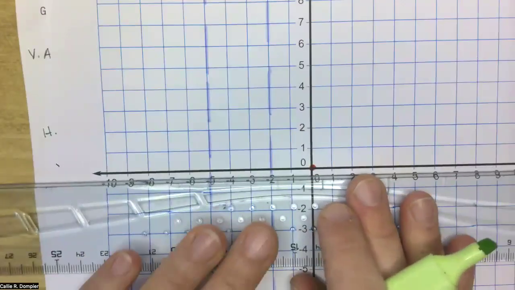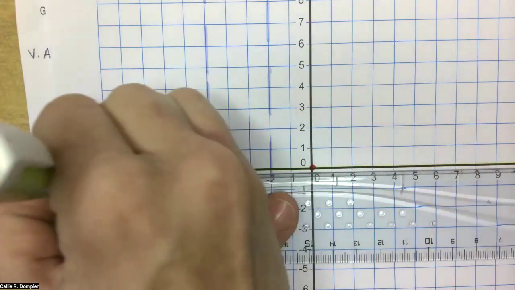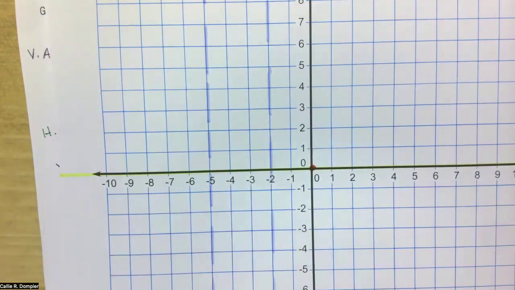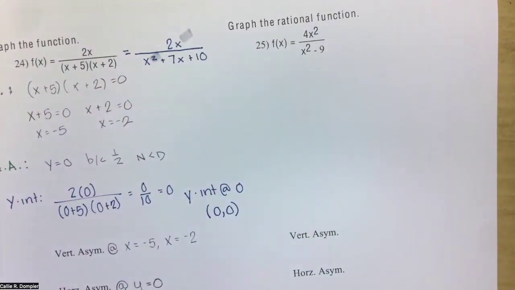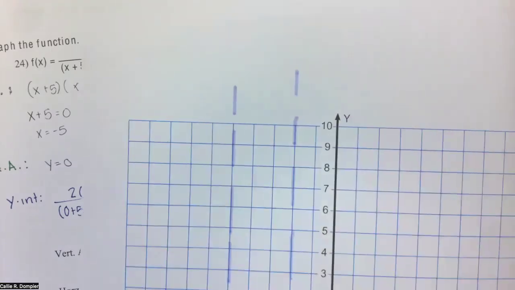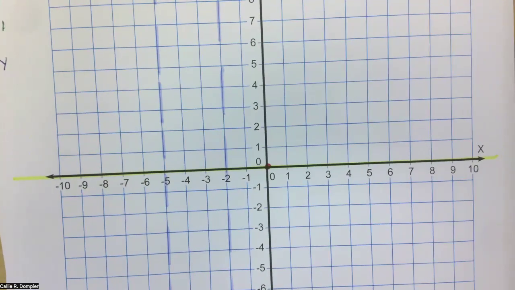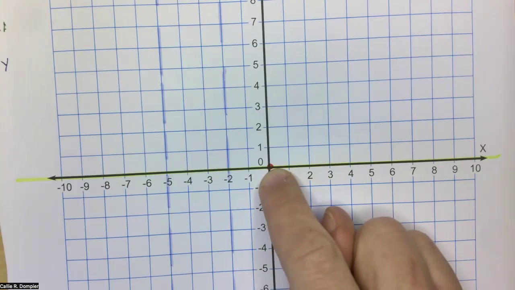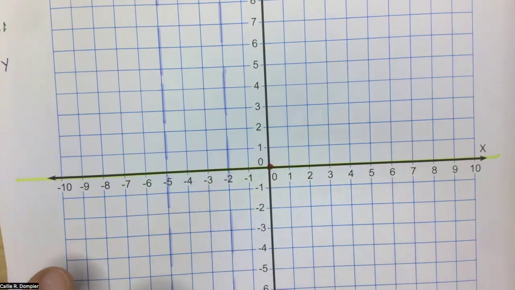We have a horizontal asymptote at y equals 0, but the graph is also crossing at y equals 0. Interesting. Imagine it's dashed, okay? That's a dashed green line. What else do we know about it? We don't really know anything else about it. So what do we do with that information? We think about what shapes this graph could possibly be. The graph crosses right here or touches right here, and it has how many parts?